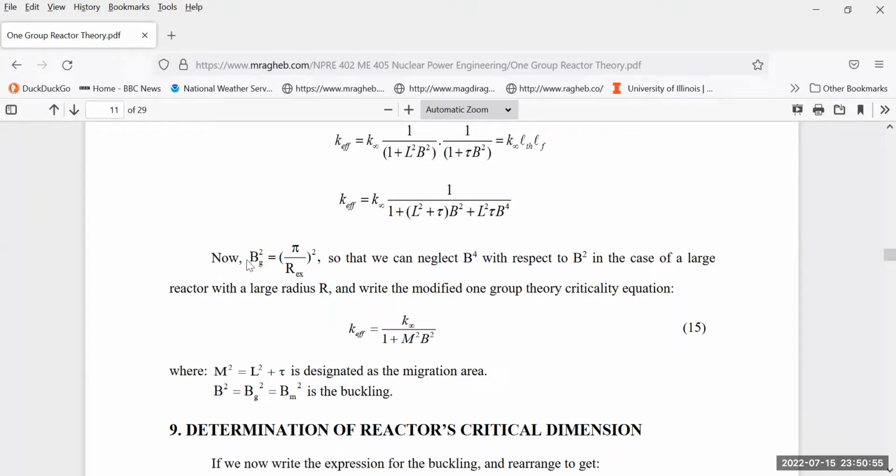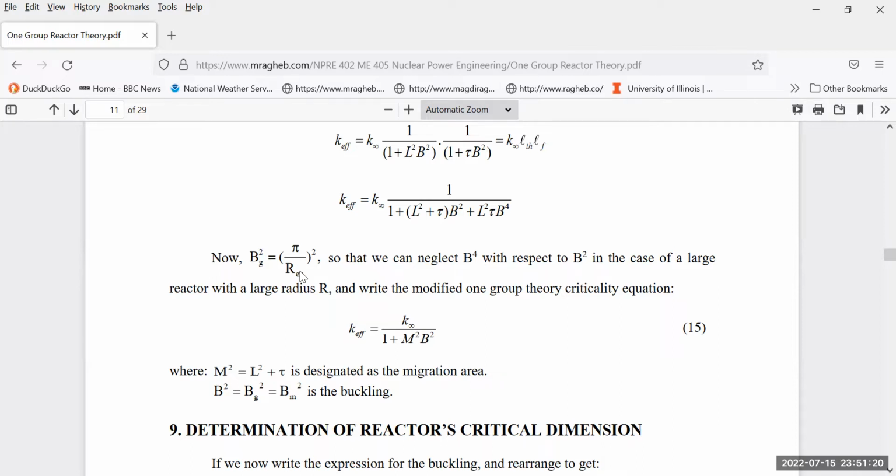Now remember that the buckling, the geometric buckling, for the case of spherical geometry that we dealt with today, is pi over the extrapolation distance squared. So if you have a small reactor, definitely 1 over r squared is significant.